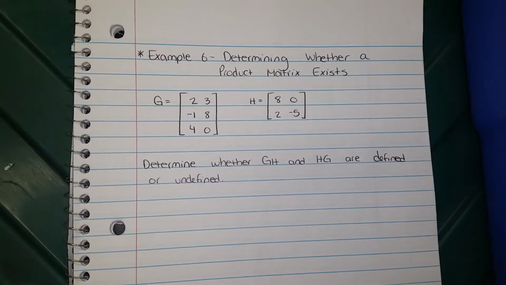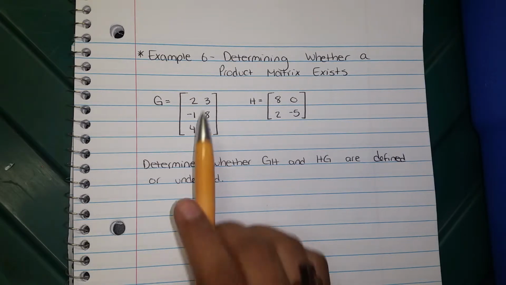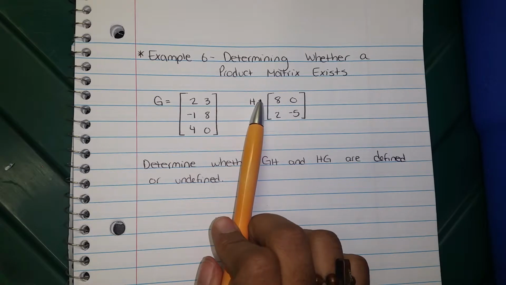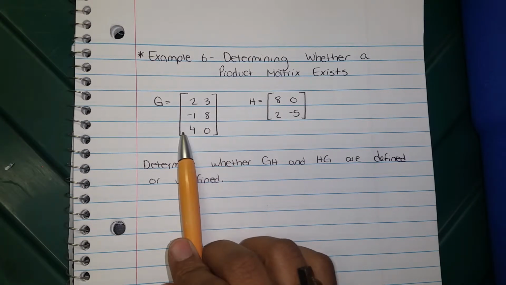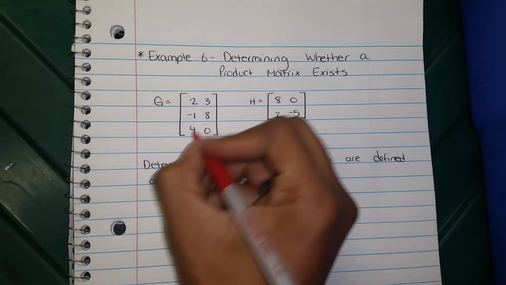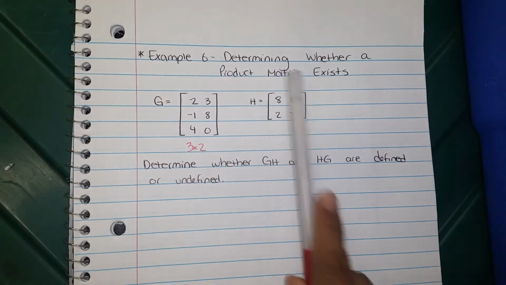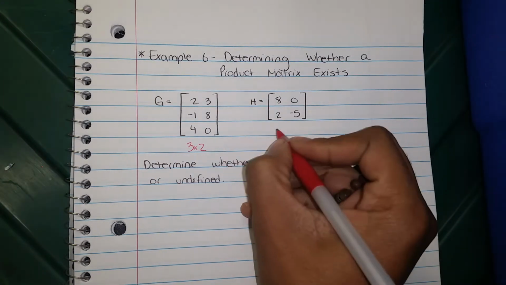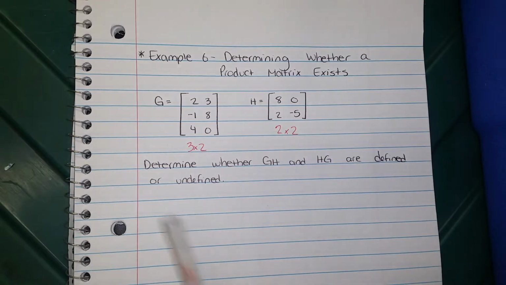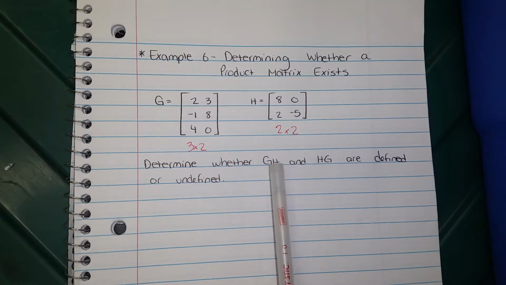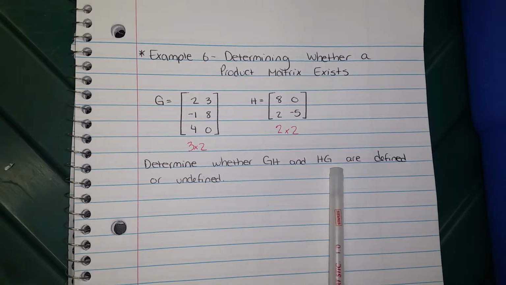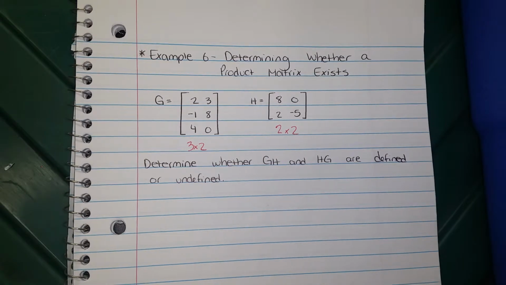example in which we determine whether a product matrix exists. So I see here that I have matrix G and matrix H. We have 3 rows, 2 columns. This is a 3 by 2 matrix. Here we have 2 rows, 2 columns. This is a 2 by 2 matrix. And I'm asked to determine whether matrix GH and HG are defined or undefined.